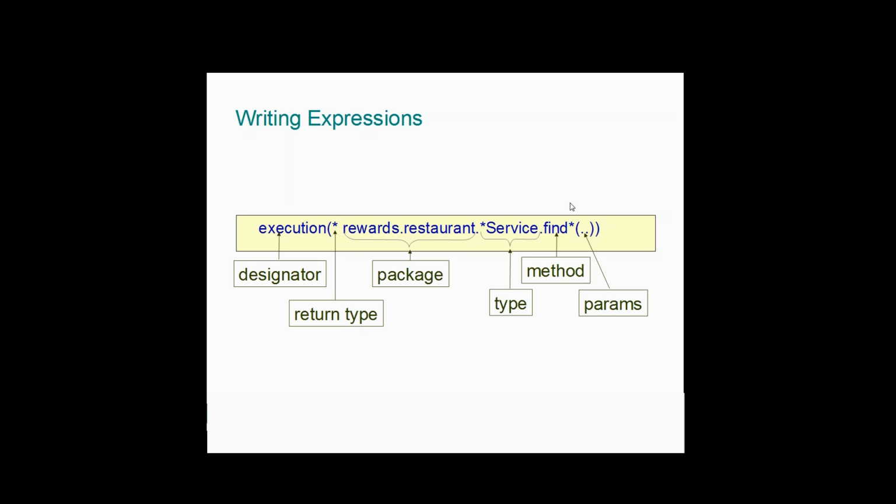All those methods will get picked up under the classes which end with Service. Those find methods take dot dot, which means zero or more parameters. It could have no parameter, or more parameters. When I indicate dot dot, it means zero or more parameters.